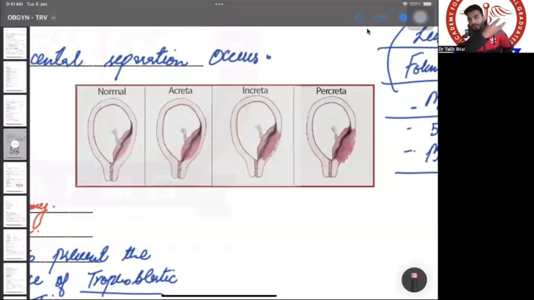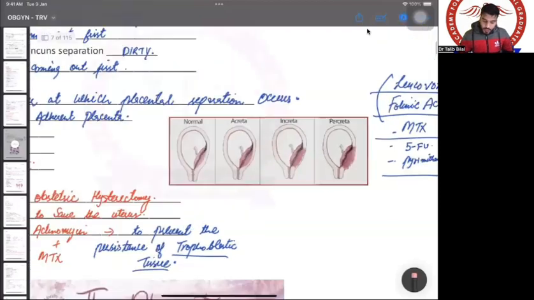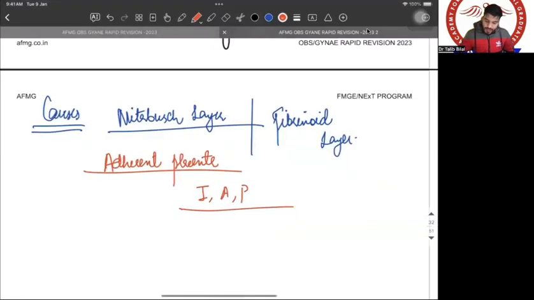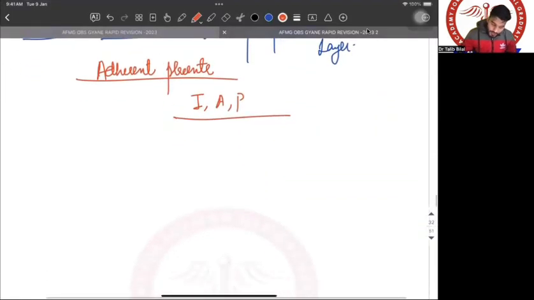And once you try forcibly, putting force on removing the placenta, the complication that occurs is called uterine inversion. Percreta has a lot of complications. It can cause a lot of bleeding along with uterine inversion. So guys, this adherent placenta is a cause of uterine inversion.